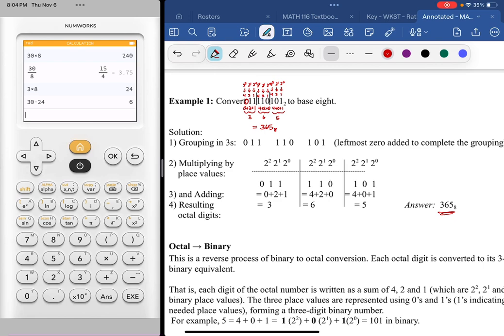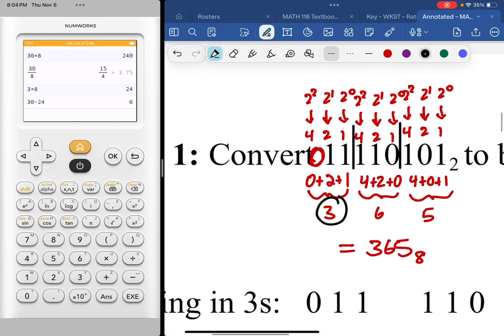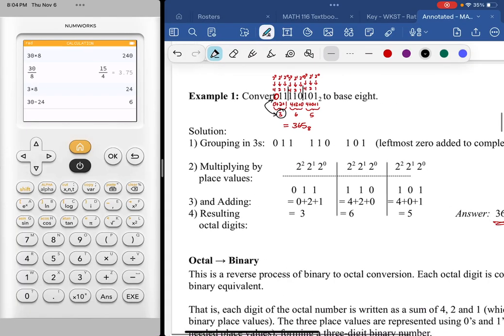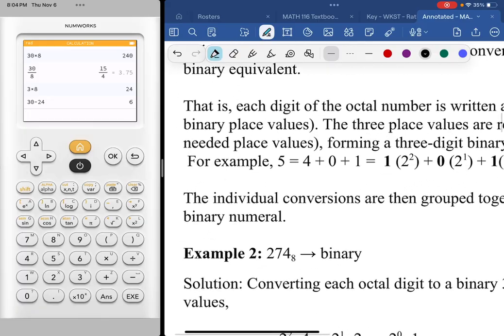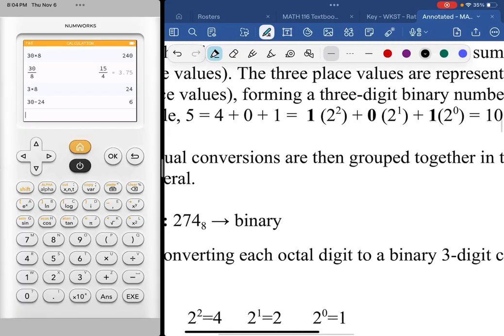All right? So going the other way is really just a matter of taking each octal digit and working backwards by seeing how we can group together zeros and ones in such a way that we can get to whatever the target number is. All right. So looking down here, I have 274, and I want to put that in binary.